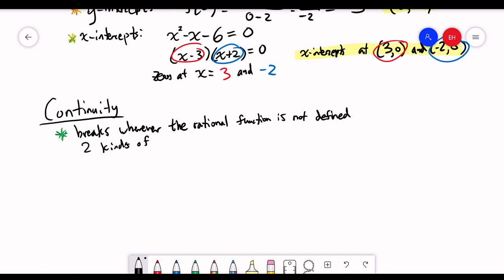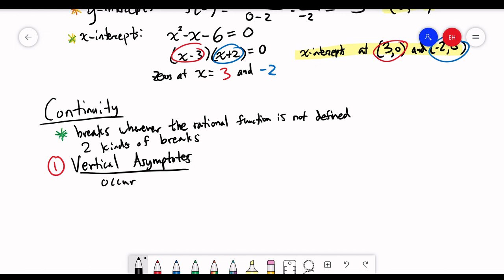There are two kinds of breaks we're going to look at: one is a vertical asymptote, and the other is a hole. So we'll look at an example of each of those. Just remember that polynomials had no places where the function was undefined, so we didn't have to worry about continuity with polynomial functions.